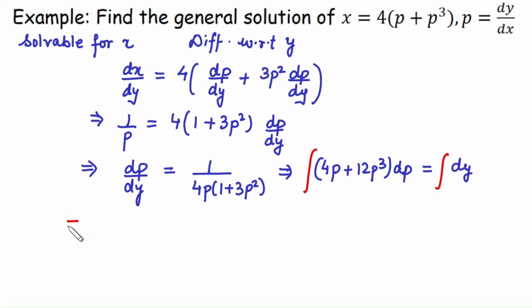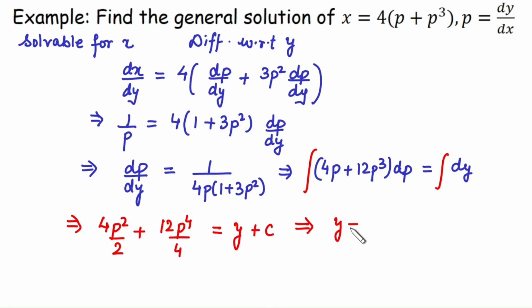From the left side we have 4 into p²/2 plus its integration 12 p⁴/4, is equal to the integration of 1 with respect to y, which is y plus a constant. Simplifying further, we can write y is equal to 2p² + 3p⁴ − c.